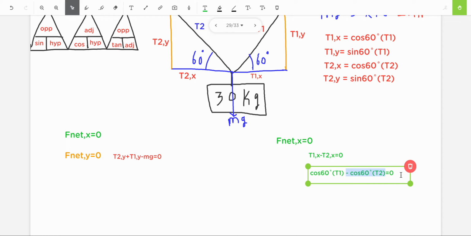We add cosine of 60 times T2 to both sides.